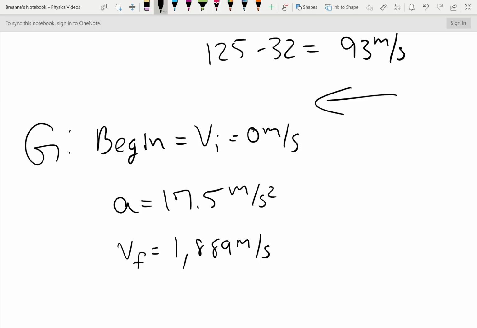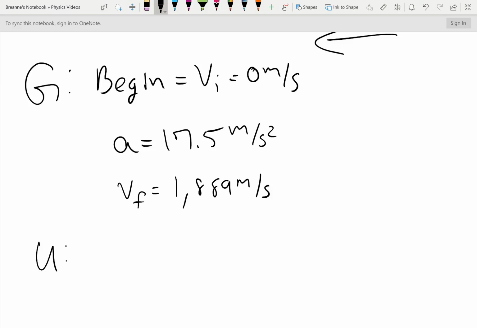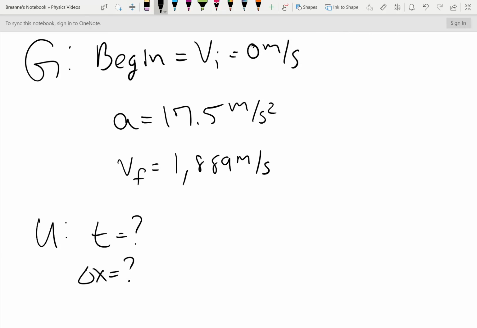And it's asking for 2 things. We have 2 unknowns. It's first asking for the time, and then it's asking for the displacement.